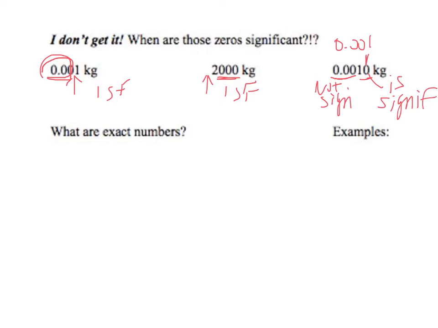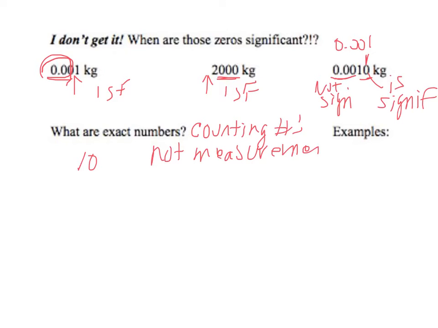Okay, so what about exact numbers? So if I say there are 10 boys in this classroom, that is a counting number. So exact numbers are counting numbers.